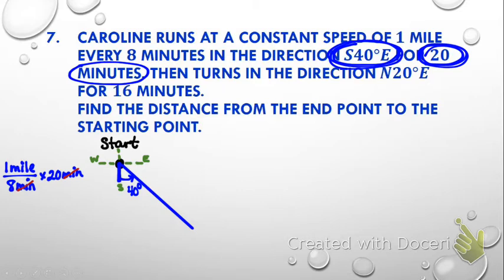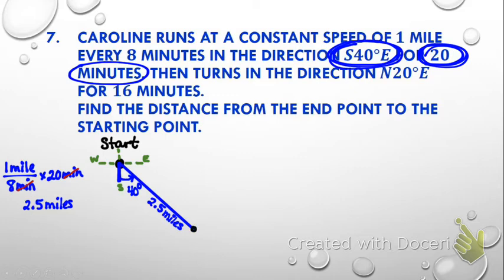How far? 2.5 miles. So I'm going to write that in over here. 2.5 miles. We've made sense of the first sentence now, right? Now let's look at the second sentence.